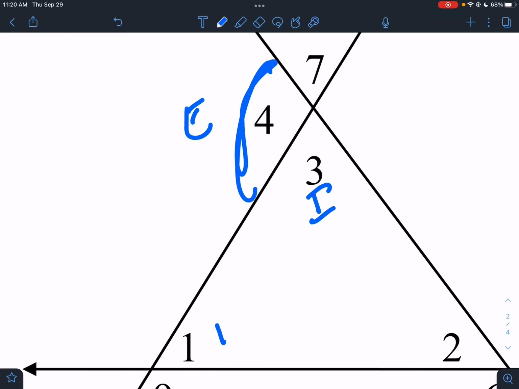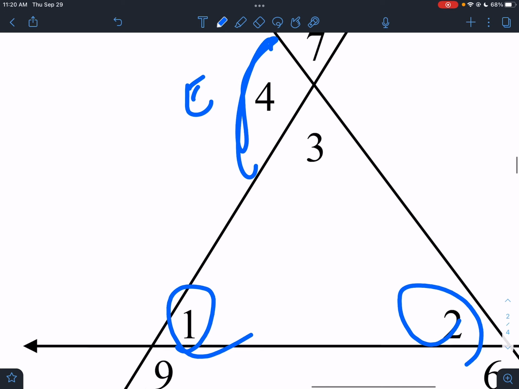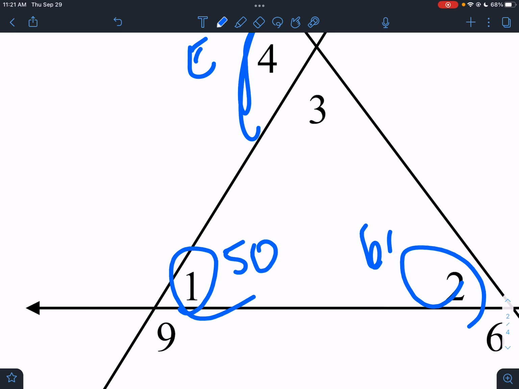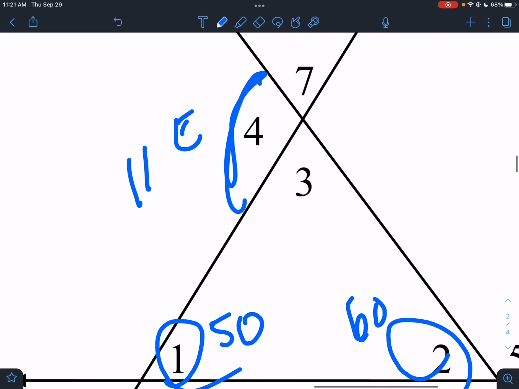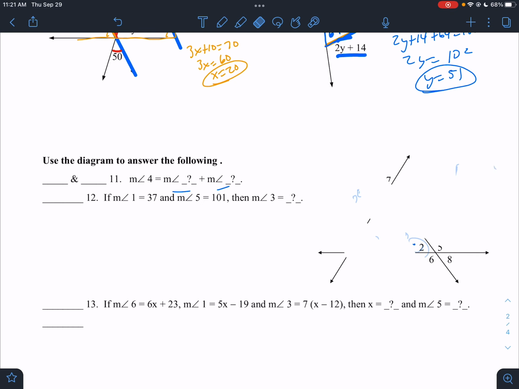So remote interior angles don't touch the angle. It's got to be 1 and 2. So if this was 50 and this is 60, then this would be 110. Remote plus remote equals E. You need to know that. All right. So R plus R equals E. So angle 4 would equal angle 1 plus angle 2.